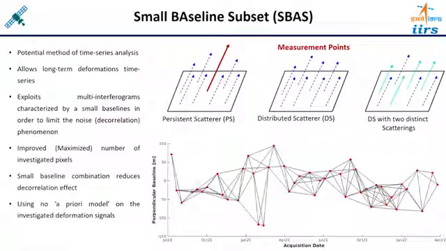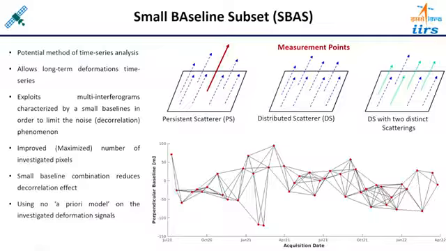So instead of considering a single reference and then making pairs, here you make pairs between the images. Red dots are representing the images. So connect the images from, let us say, here to here, then here to here. It means this line is representing one interferogram pair. This pair is governed by a small perpendicular baseline and a small temporal baseline.